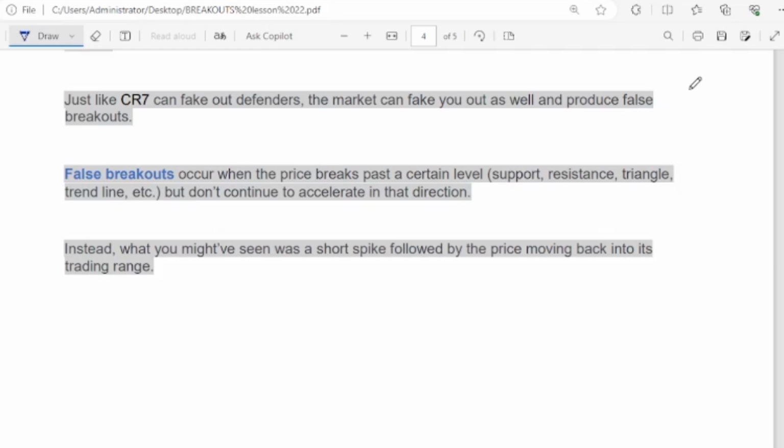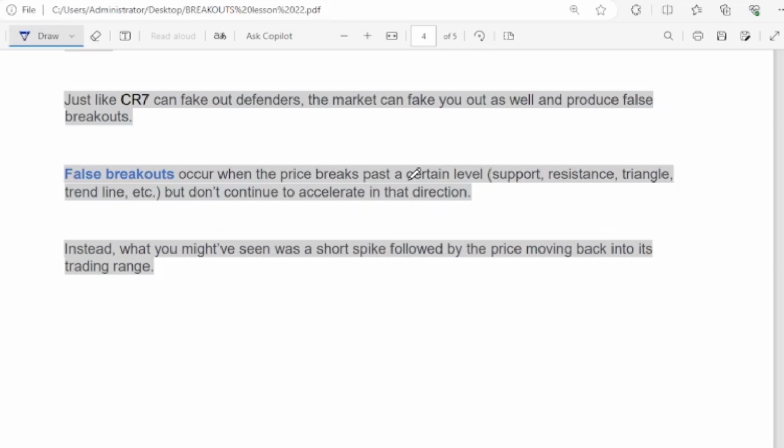They expect him to continue accelerating and he changes his mind and passes the ball back. That's how we get fake outs also in the market. You are expecting the market to break out and continue in that direction, and you end up faked out by the market, and we came back into the consolidation.